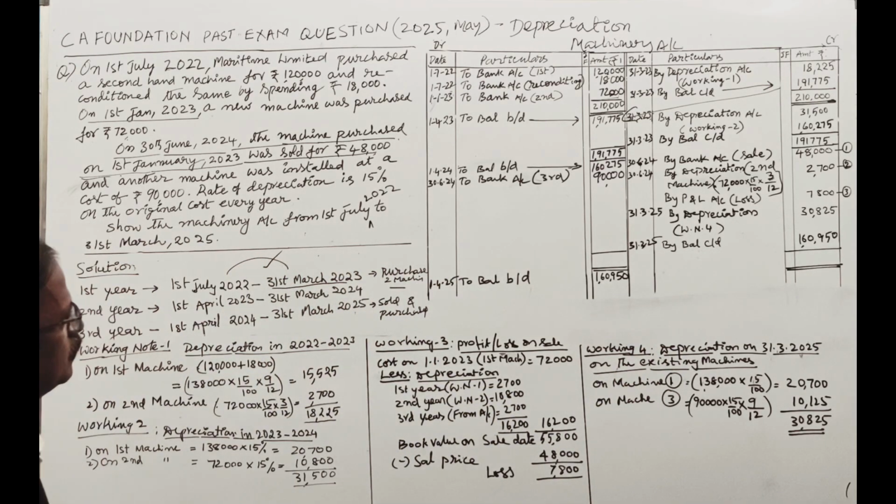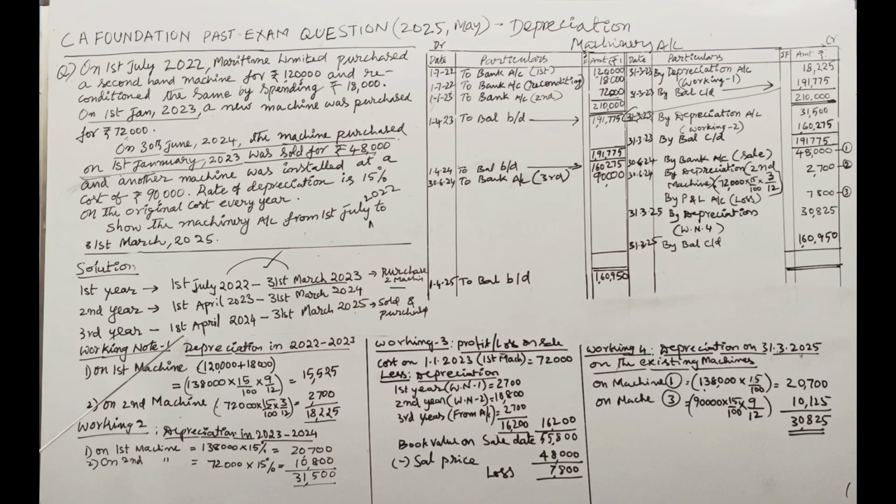Why 3 by 12? Because the machine which we are selling in the third year was used only for 3 months. See, this is the third year.